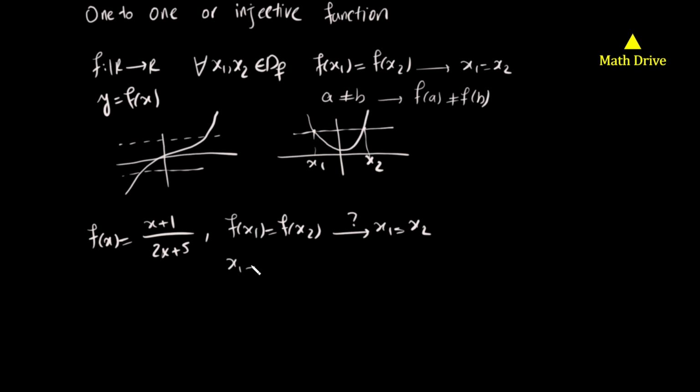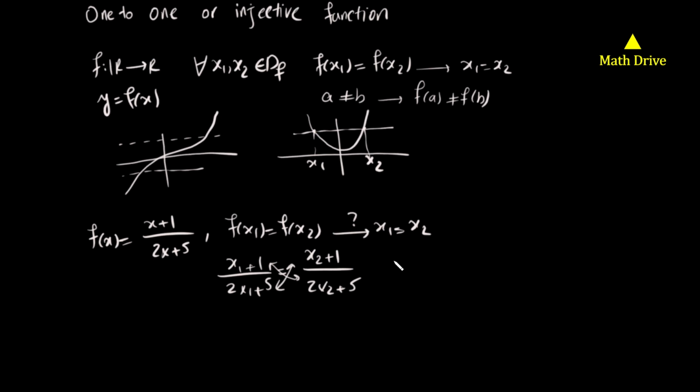f(x1) means (x1 + 1) over (2x1 + 5) is equal to (x2 + 1) over (2x2 + 5). So now let's multiply top to bottom.